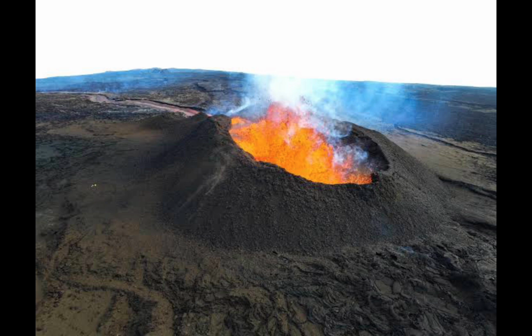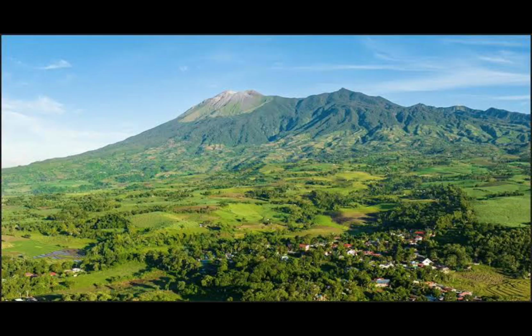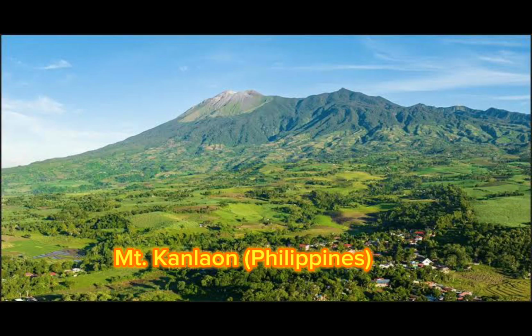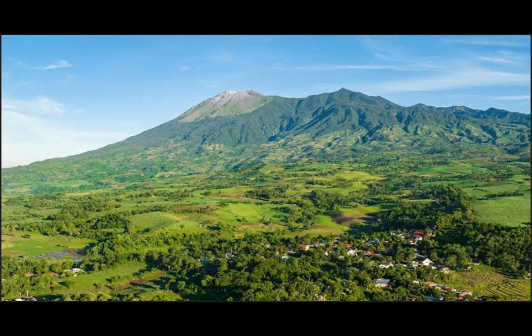An example of this kind of volcano is the Mauna Loa from Hawaii, the one that you can see in the picture. Another example is the Mount Canlaon from the Philippines, which rises to 8,087 feet or 2,465 meters above sea level and is the highest mountain on Negros Island and within the Visayas region.